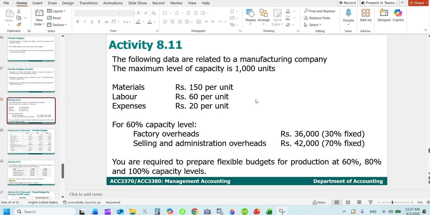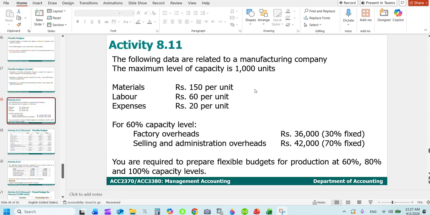But in case our actual output level is reduced to 700 units, then the budget that you prepared for 1,000 units is totally irrelevant, because you cannot compare your actual output level of 700 units related cost with your budgeted figures which are prepared for 1,000 units output level.